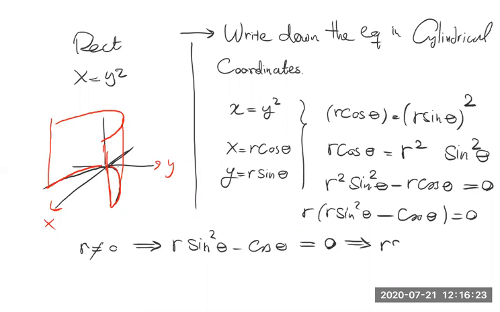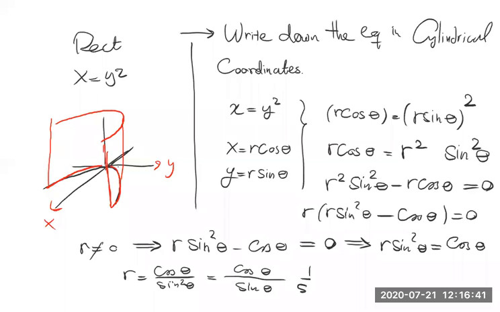Therefore, r sine squared is equal to cosine. Therefore, r is equal to cosine of theta over sine squared of theta, which is the same as cosine of theta over sine of theta times 1 over sine of theta. Cosine of theta over sine of theta is cotangent of theta, and 1 over sine of theta is cosecant of theta. And that's what we got.